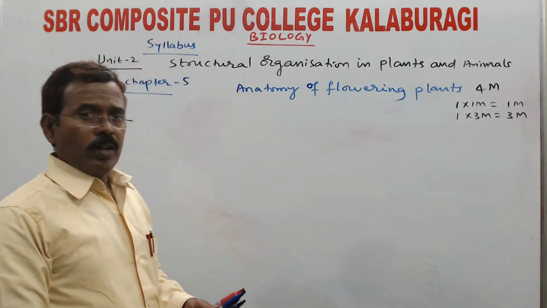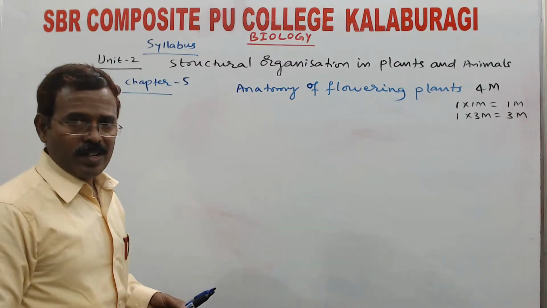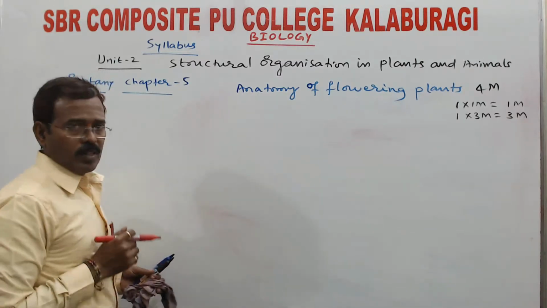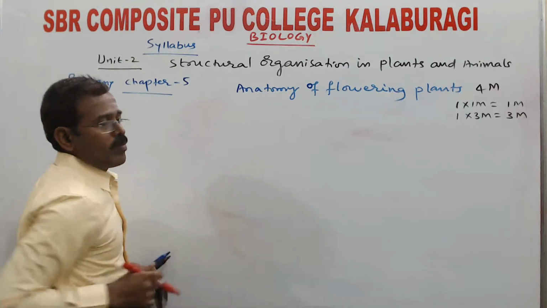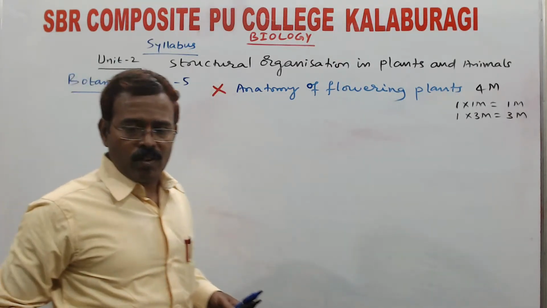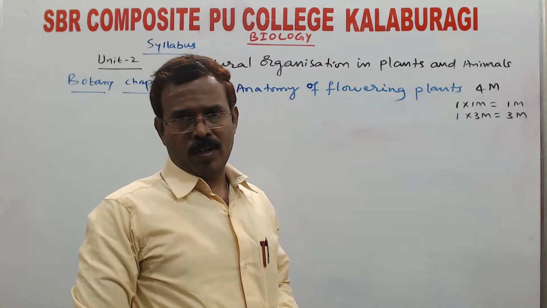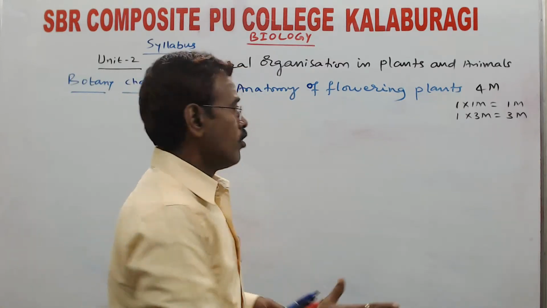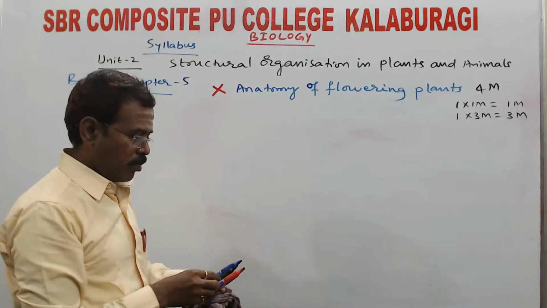But as per the updated syllabus, this chapter, anatomy of flowering plants, has been deleted from the syllabus. I will mention the different concepts, but this chapter has been removed.